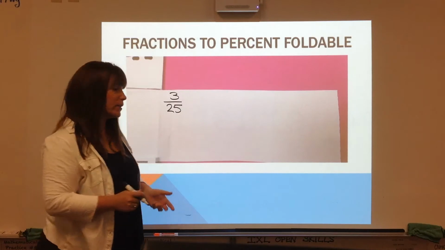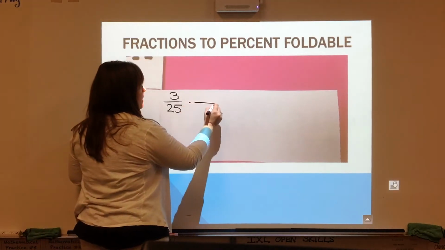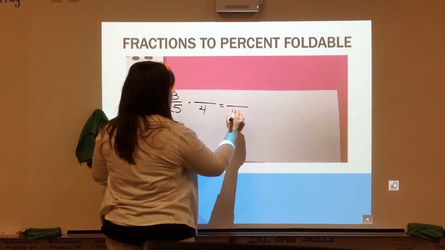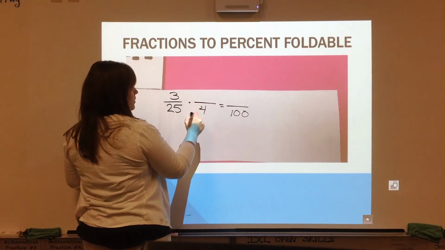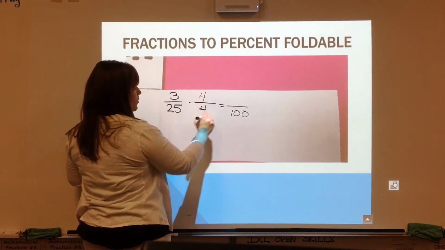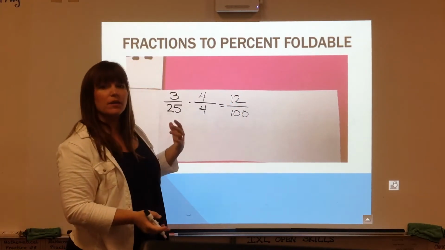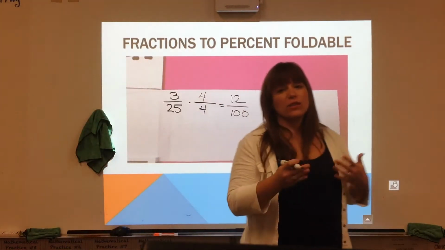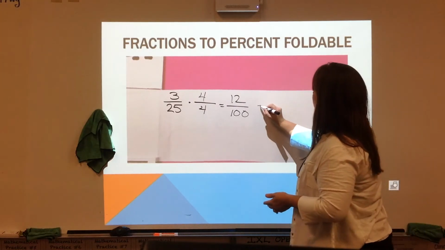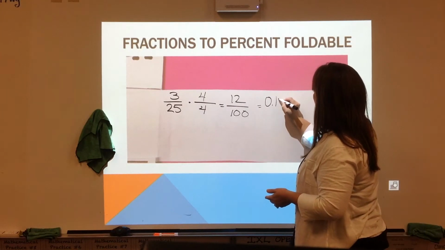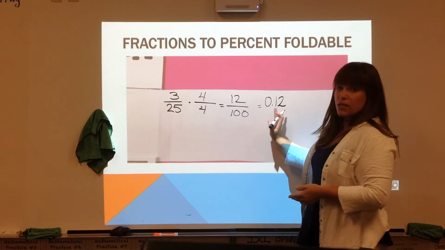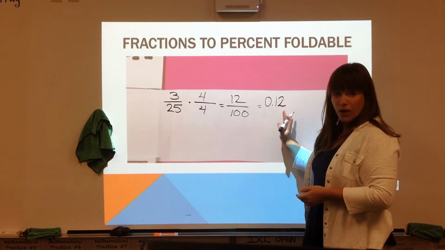I'm going to pick 100 because I know 25 times 4 is 100. And now what I do to the bottom, I do to the top. This is a form of 1. So now we have 12 hundredths. When I say that fraction, I'm actually saying the place value. So that's telling me that the 12 is going to be sitting in the tenths and hundredths place.